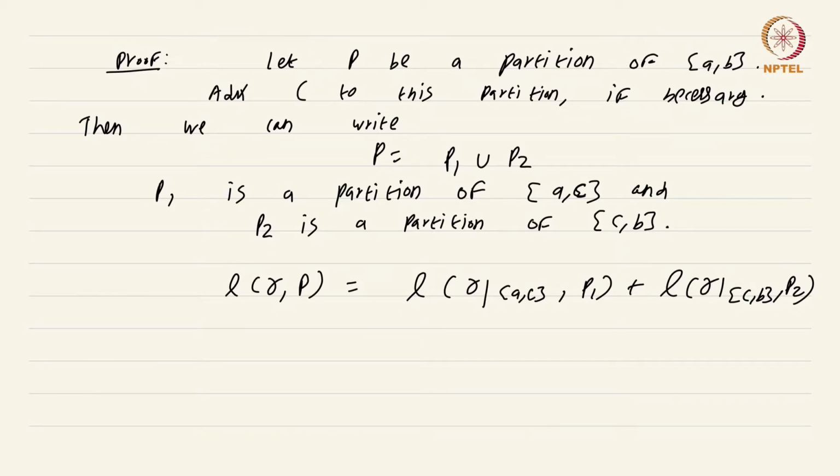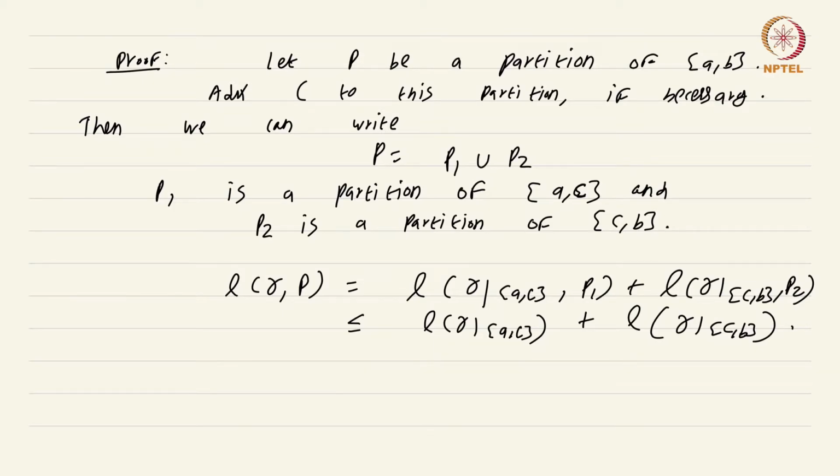Okay, so what this shows is that you can immediately write this is less than or equal to length of gamma restricted to AC plus length of gamma restricted to CB. I'm just using the fact that the length of gamma restricted to AC is the supremum over all partitions. So this shows one side.